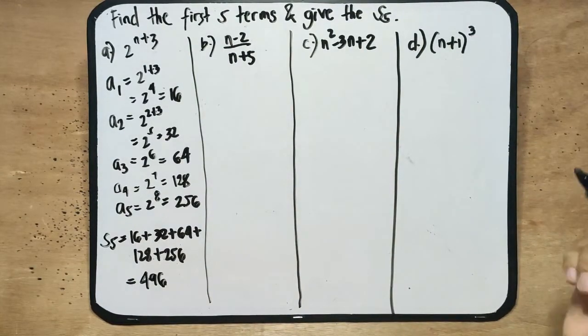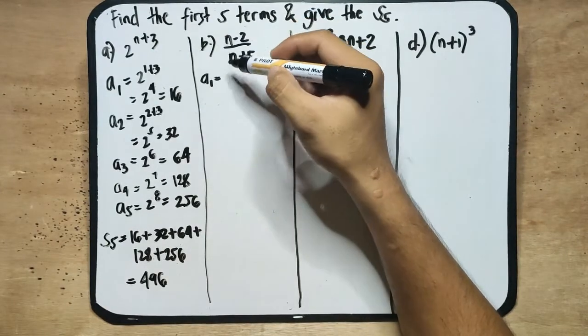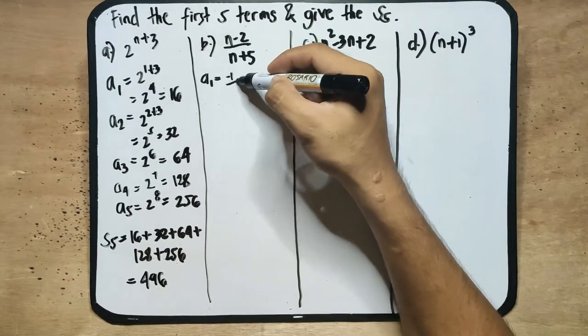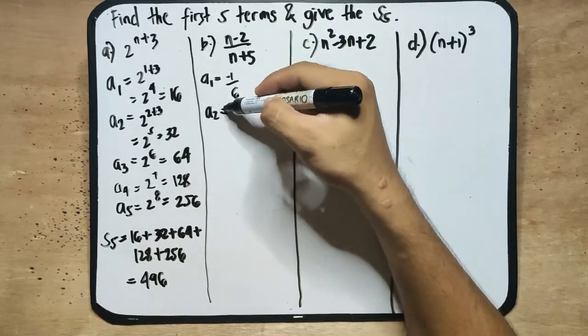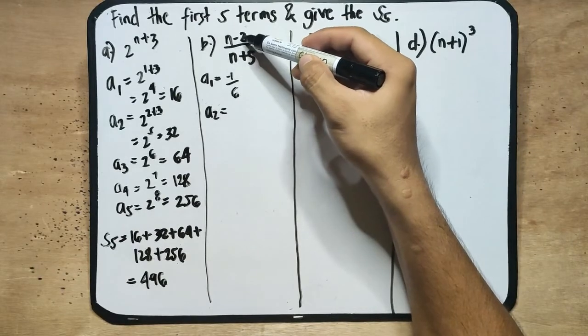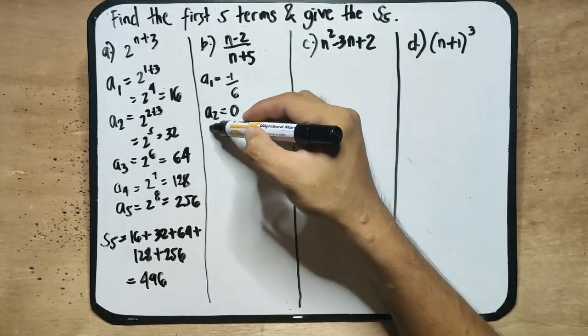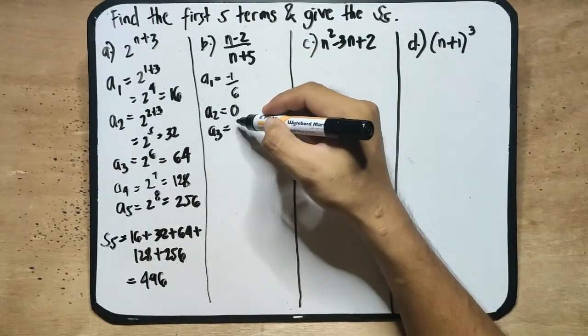Second example, n minus 2 all over n plus 5. So we have a sub 1, if n is 1, 1 minus 2 is negative 1 all over 1 plus 5 is 6. A sub 2 is 2 minus 2 is 0. 0 divided by any number is always 0. If n is 3, for the third term, we have 3 minus 2 is 1.